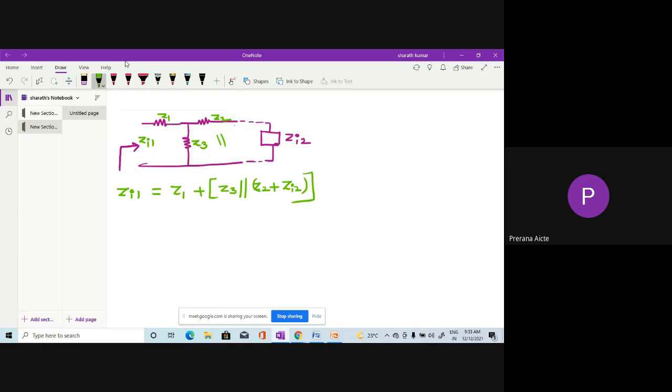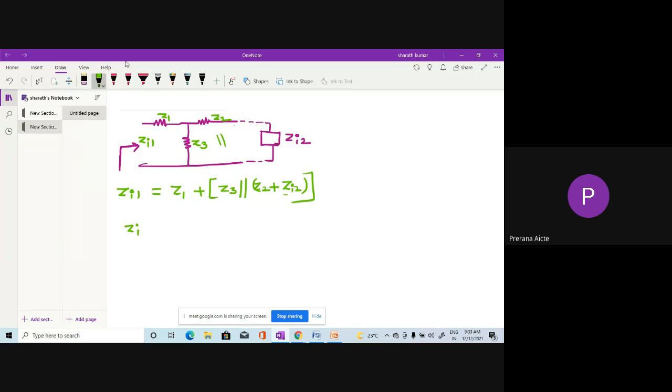After finding different values, we can say you have got some value. You got Zi2 here and you have Zi1 here.